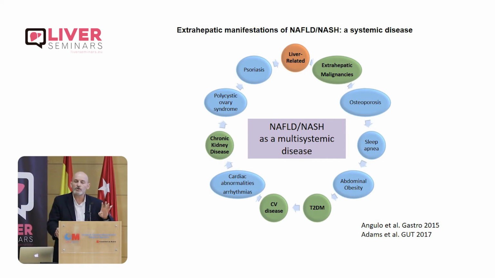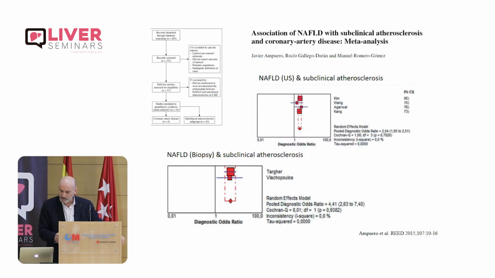But the four most relevant extrahepatic manifestations are chronic kidney disease, cardiovascular disease, type 2 diabetes, and extrahepatic malignancy, together, of course, with the outcome related to liver outcome.